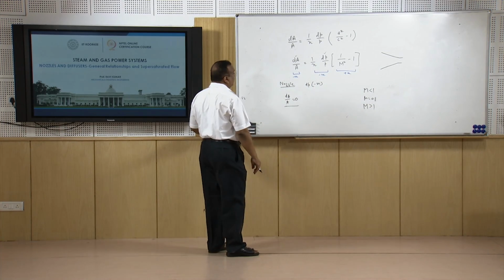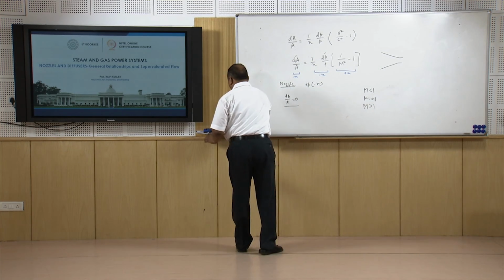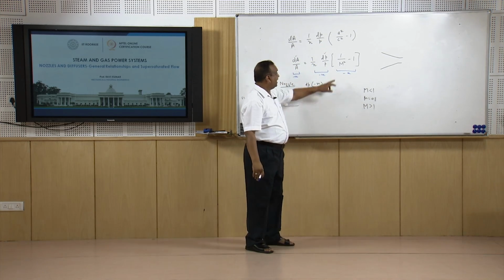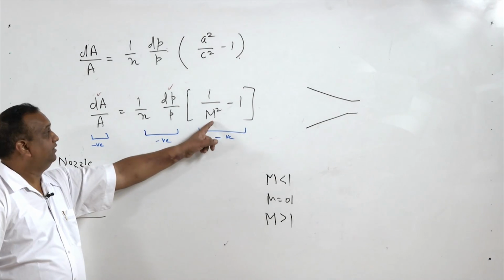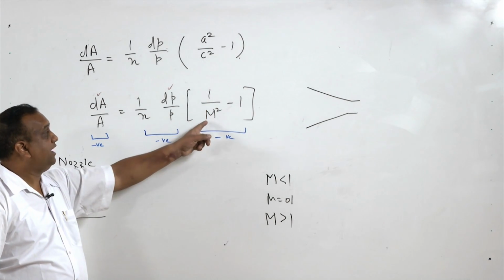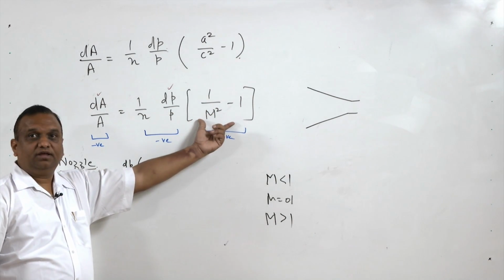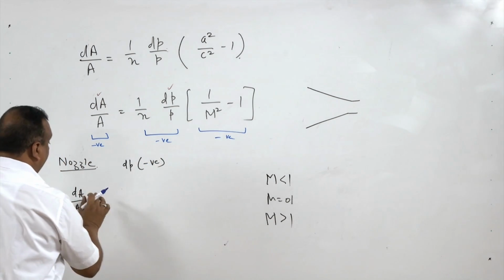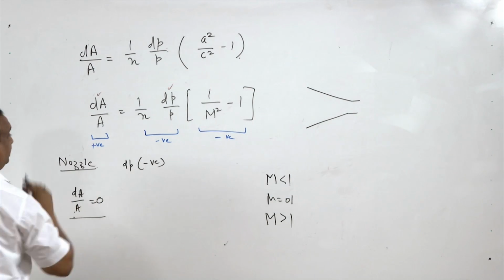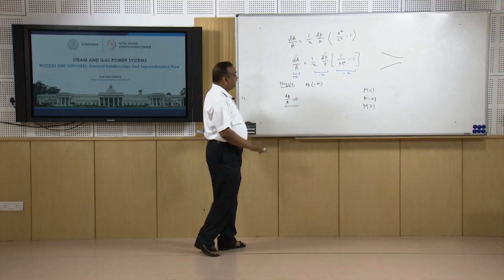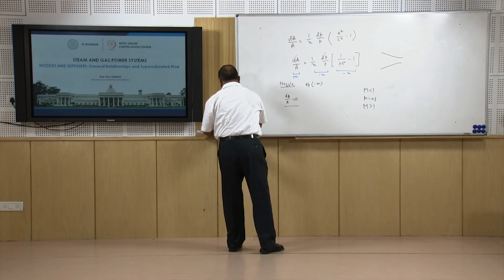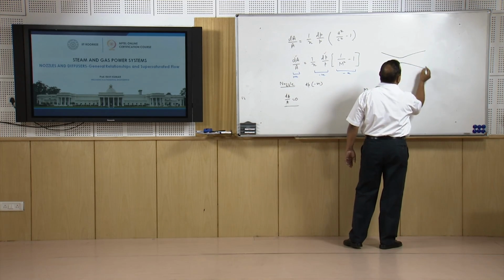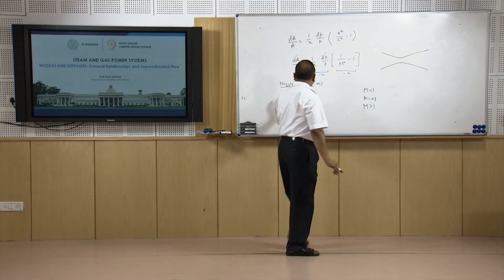When M is greater than 1, 1 by M square is less than 1 and this expression is going to be negative. When this is negative, dA by A is going to be positive. It means when the flow is supersonic, the passage has to be divergent.